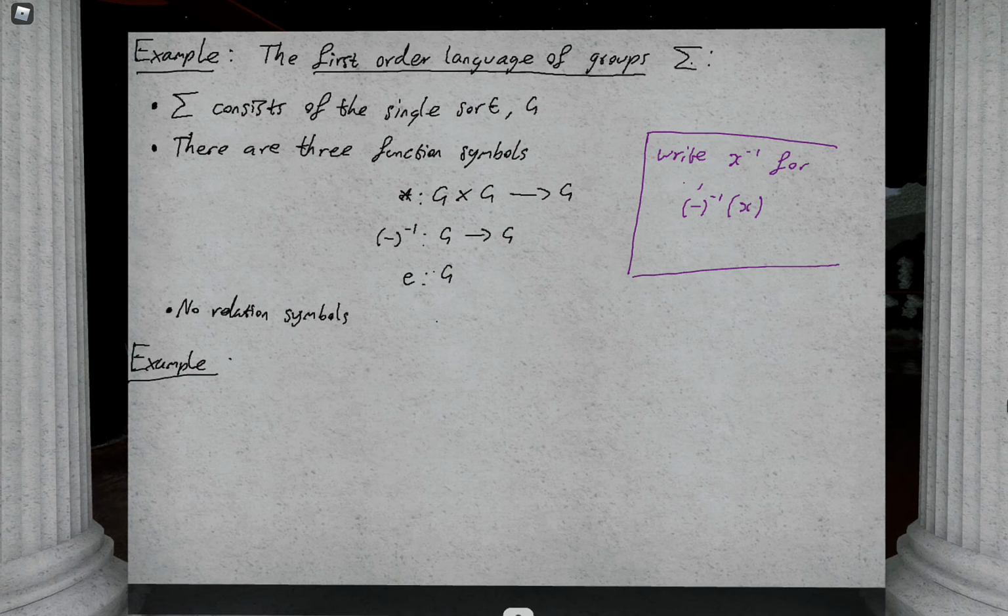The first one is going to represent, and indeed later on be interpreted as, associativity. And then inverses as well as unit.